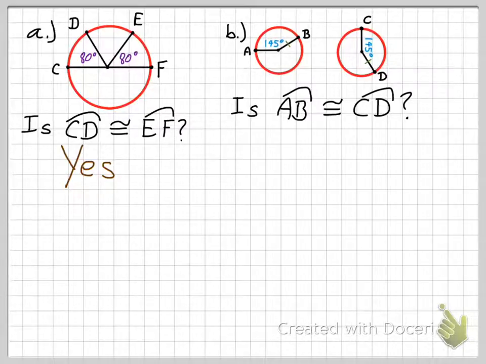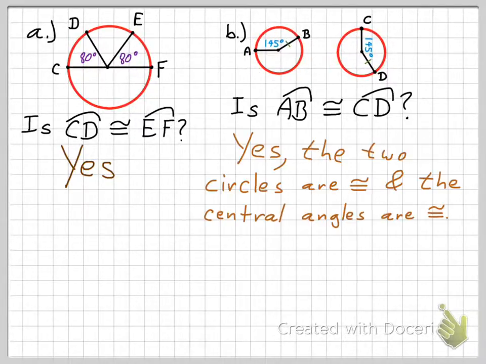Yes, here's a radius, and here's a radius, and they both have those green tick marks. So they're showing that the radii of these two circles are the same. Therefore, they must be congruent circles. So then, yes, the two circles are congruent, and the central angles are congruent as well.